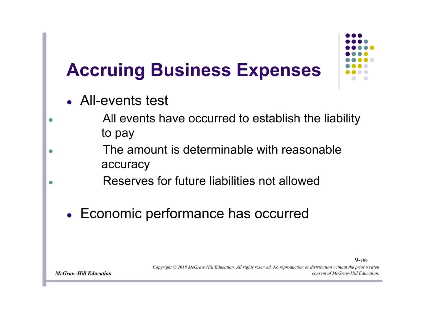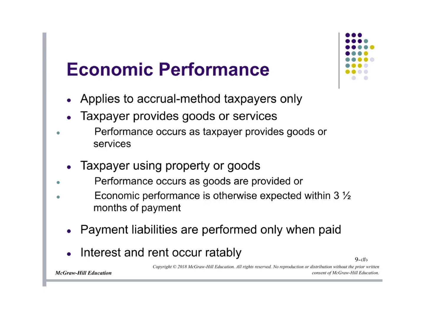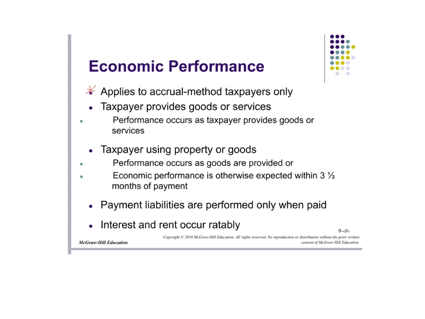All right. What about accruing business expenses? We've talked about revenue. What about business expenses? We've got the all events test, okay? And then you have to make sure that along with the all events test, economic performance has to have occurred. So when we talk about economic performance, what do we need to have happen? Okay. Well, economic performance, remember, only applies to accrual method taxpayers. If you're providing goods or services, then economic performance occurs as the taxpayer provides goods or services.